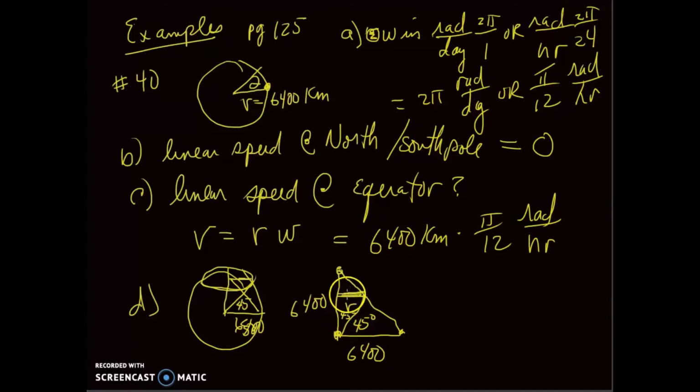And if I want that opposite side, and I don't know the adjacent, but I can find this side maybe. Right angle trig. We need that hypotenuse.